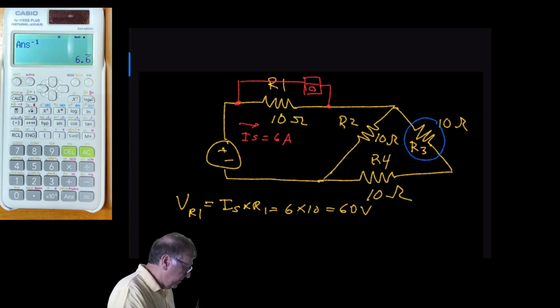Going around the loop with the KVL, and I didn't indicate that this is 100 volts DC. Sorry about that.